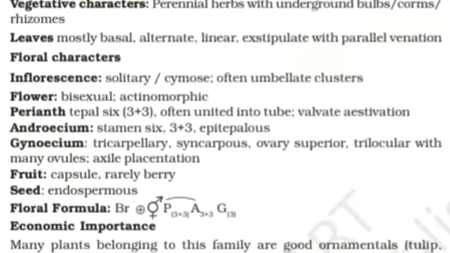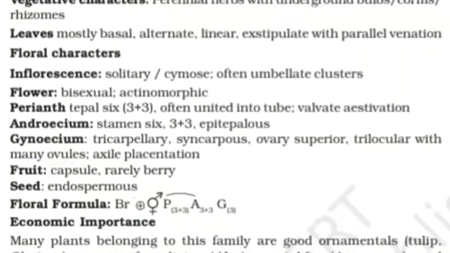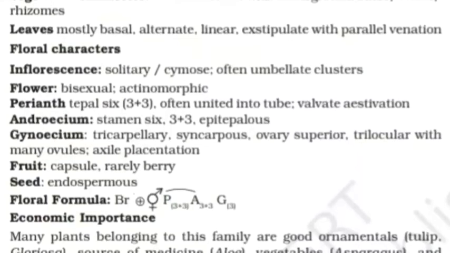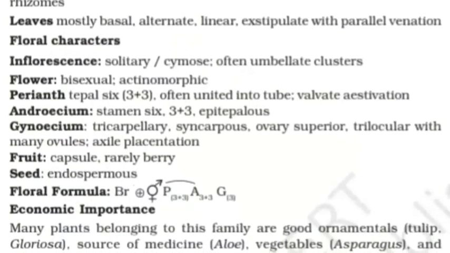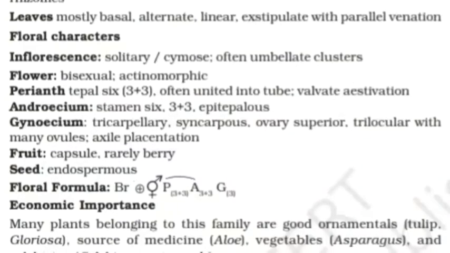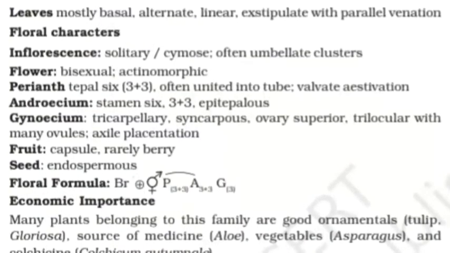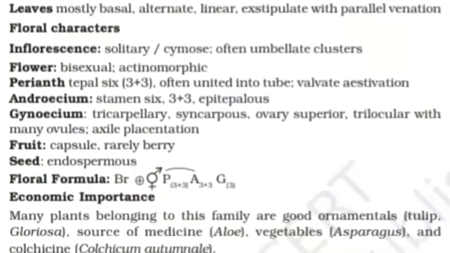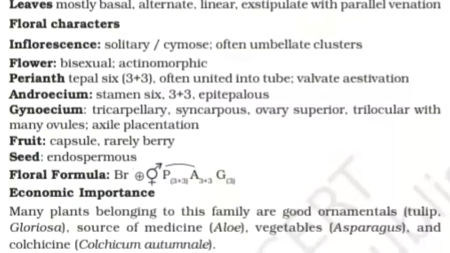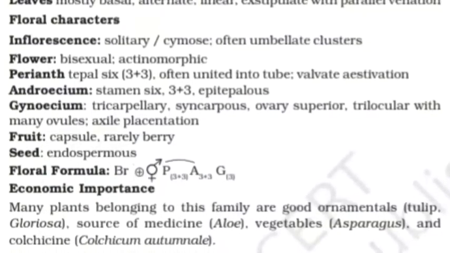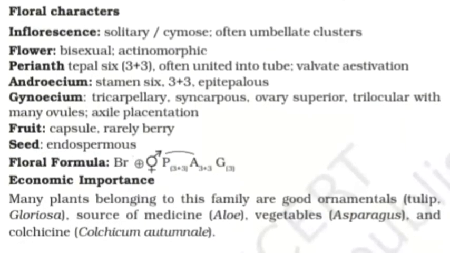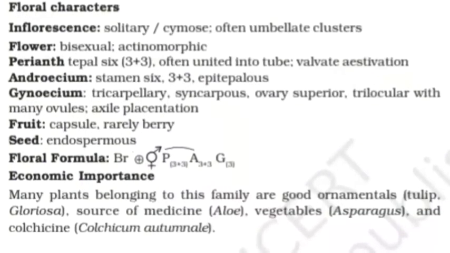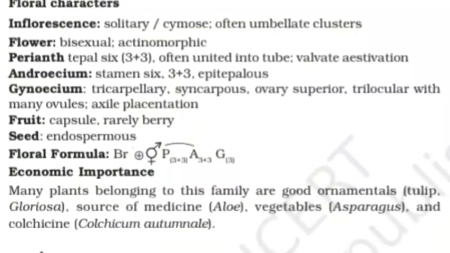Gynoecium tricarpellary, syncarpous, ovary superior, trilocular with many ovules, axile placentation. Fruit capsule, rarely berry, seeds endospermous. Floral formula: Br, actinomorphic, bisexual, P 3 plus 3, A 3 plus 3, G3.